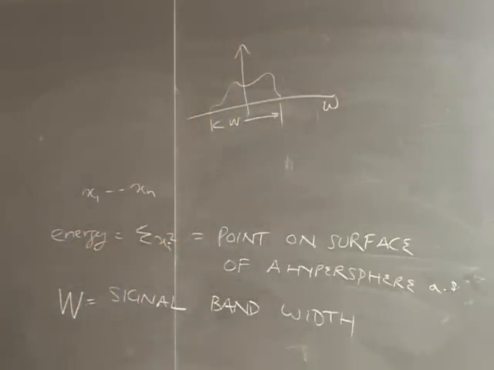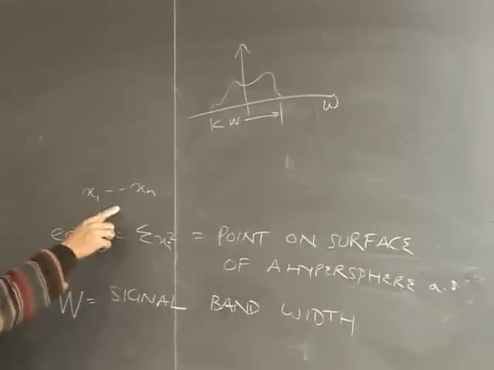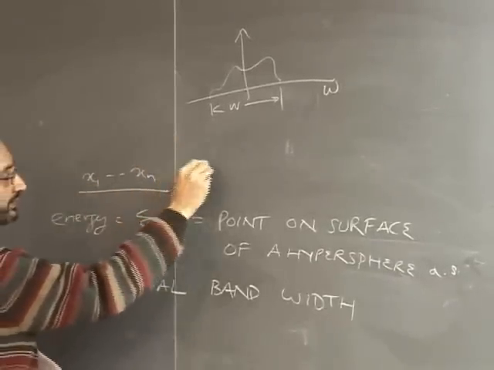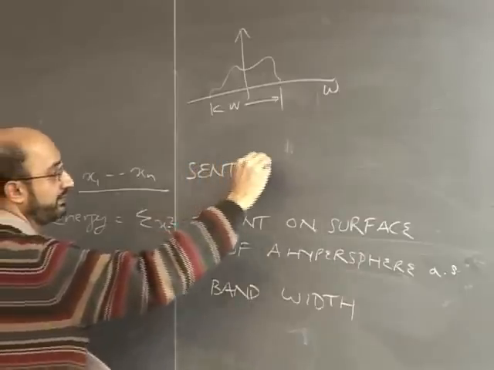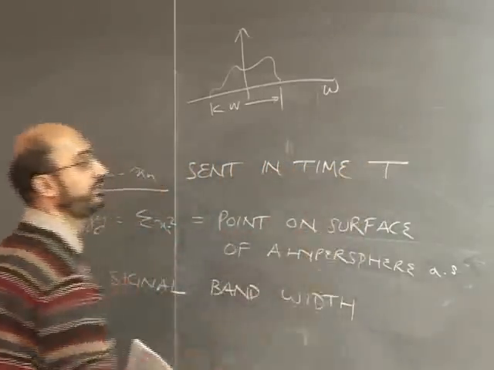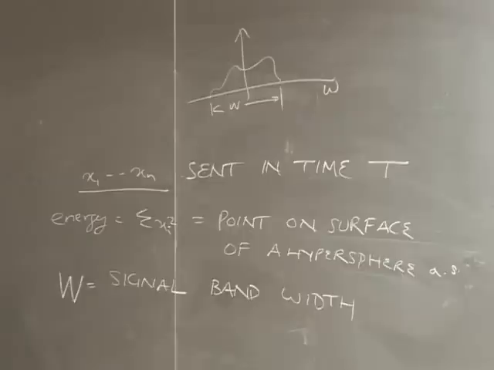So if I do this, then if you're going to have the signal sent over time, okay, I have these signal values being sent in time capital T. So T is the duration over which these signal values are sent.